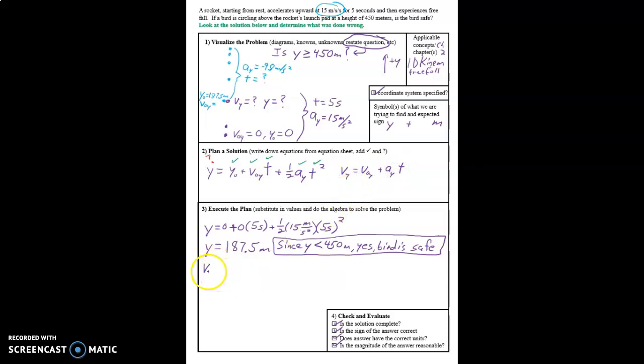So Vy, which is unknown, equals 0 plus 15 meters per second squared times 5 seconds. So Vy equals 75 meters per second. So that is also going to be the velocity here at the beginning of the second part. That's 75 meters per second.